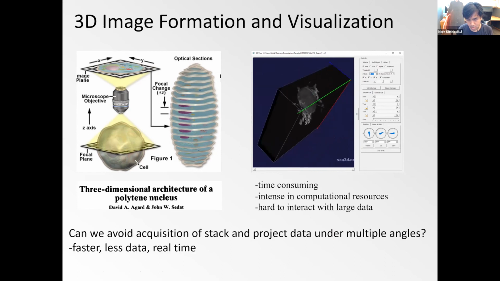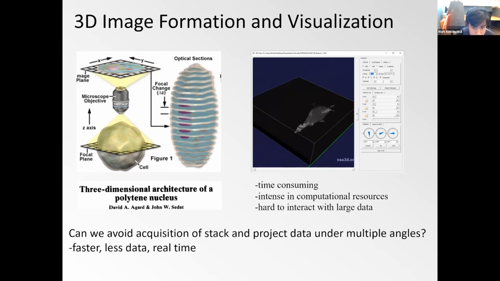So if we were just interested in how stuff looks, could we avoid acquiring the stack and essentially project or get projective views like here done in this graphics program? Could we directly get them from the microscope? Then this would obviously be faster because it could be done in real time, and it would also create less data.